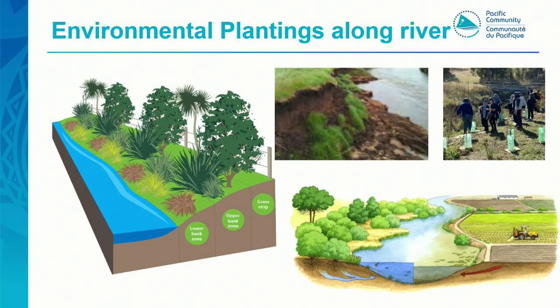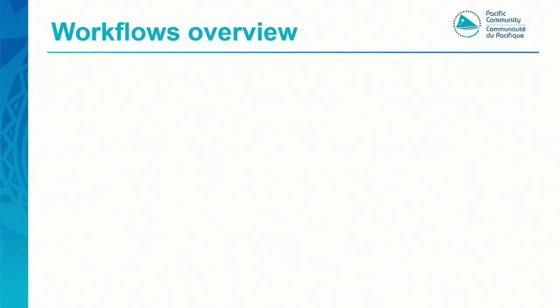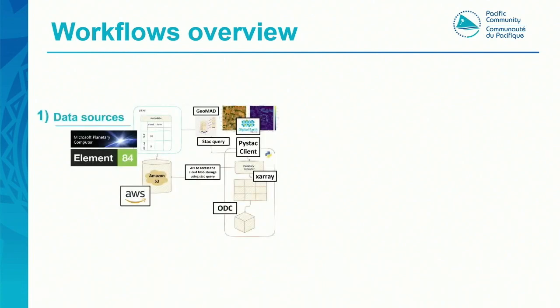So this is just an overview of my research, but the focus of the presentation today are the open source geospatial workflows and data sources that we've used so that it can be useful for you to replicate as well. Firstly, in terms of data sources, we rely primarily on STAC catalog datasets for satellite imagery: Microsoft Planetary Computer, Element 84, and Digital Earth Pacific.